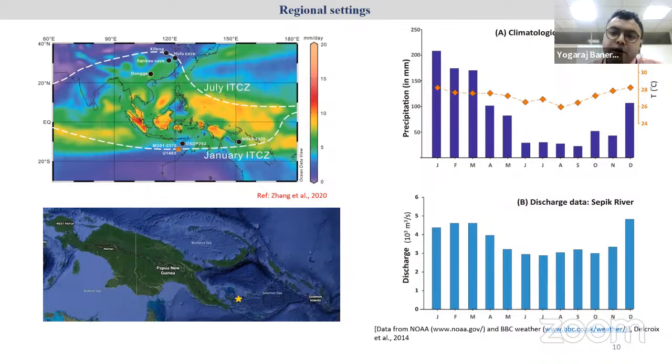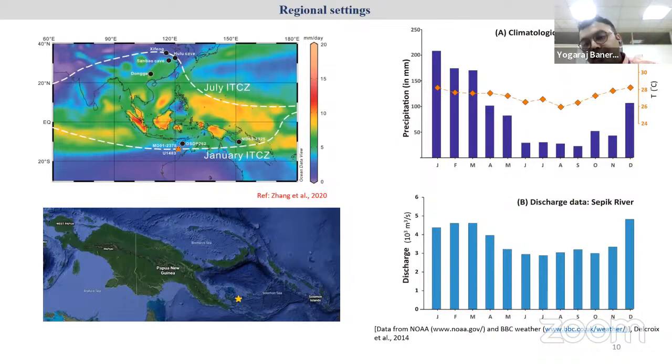Now, if we look at the precipitation pattern, shown by the deep blue bars, we can see that from January till April, the region receives higher rainfall as compared to the other months of the year.